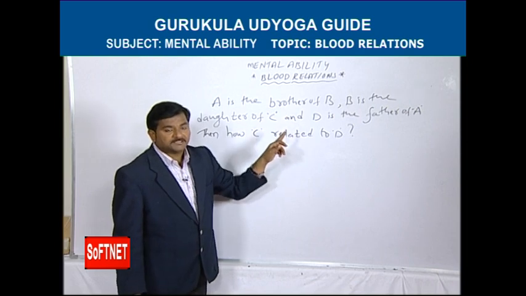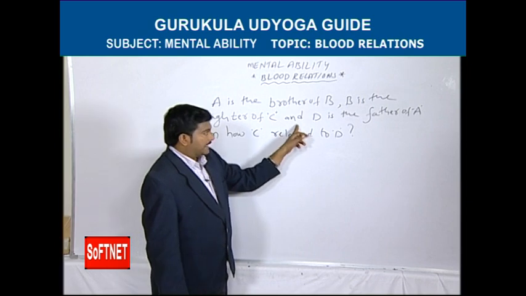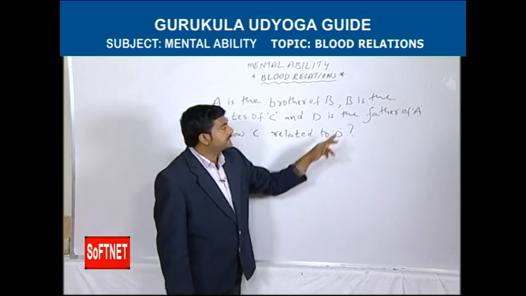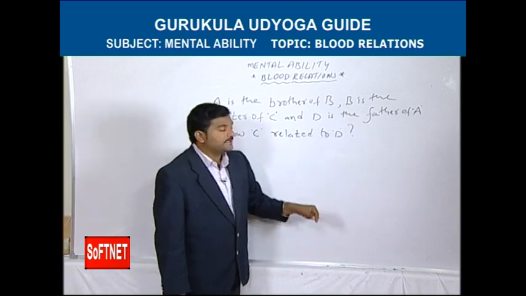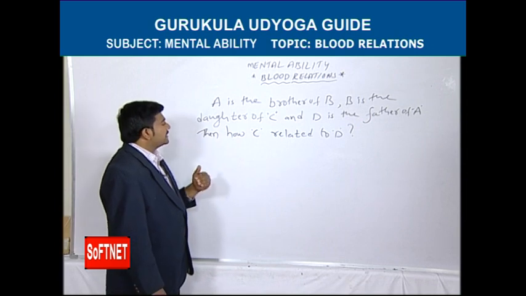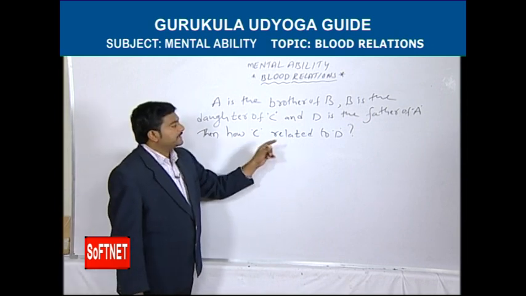And D is the father of A. I repeat, D is the father of A. So D is male gender. And the question is how is C related to D?